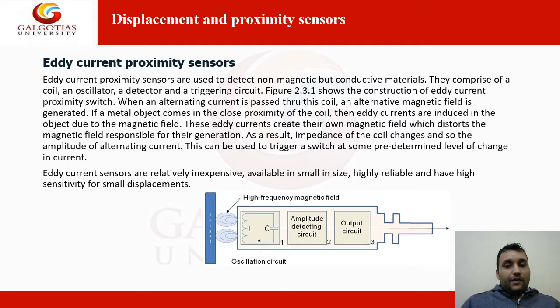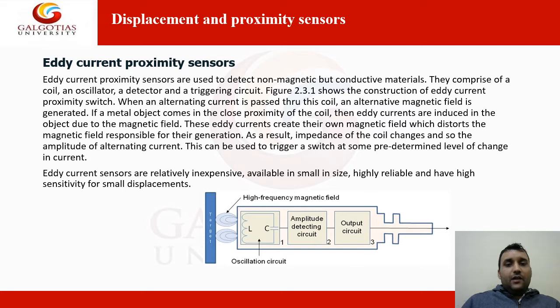When an alternating current is passed through this coil, an alternating magnetic field is generated. If a metal object comes in close proximity to the coil, then eddy currents are induced in the object due to the magnetic field. These eddy currents create their own magnetic field, which distorts the magnetic field responsible for their generation.